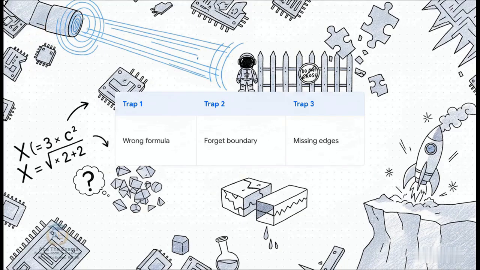Look, just because you memorized a conversion method doesn't mean it magically applies to this specific piece of hardware described in your prompt. Trap 2. Forgetting boundary conditions. Pilot Sam, this is completely your sector. You have got to check the structural limits of the data types you're working with. And Trap 3. Missing the edge cases entirely. These 3 errors right here, they routinely crash candidate scores, so we have to navigate around them.